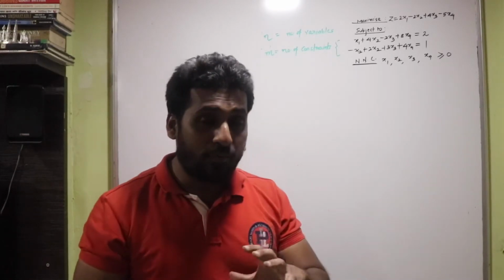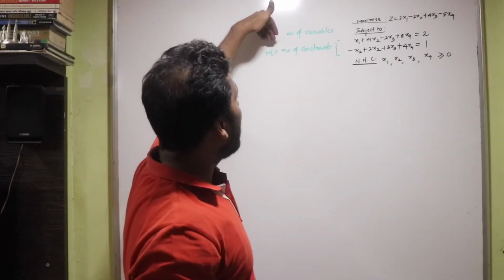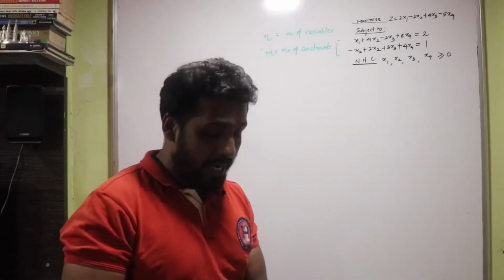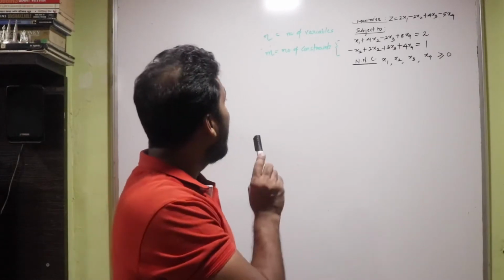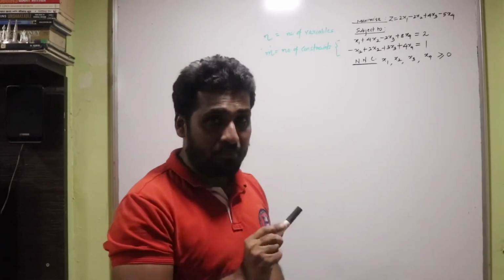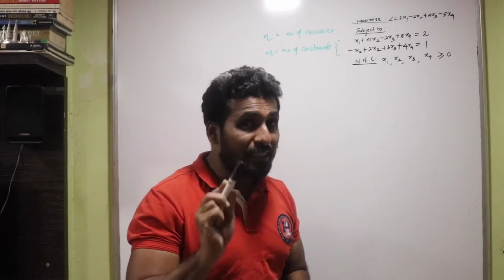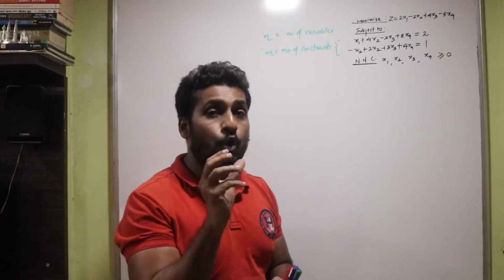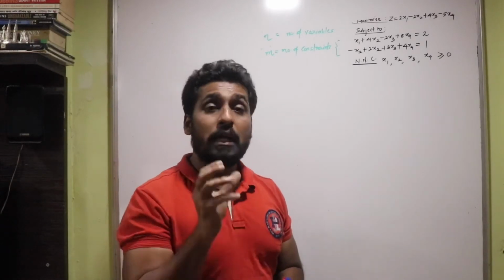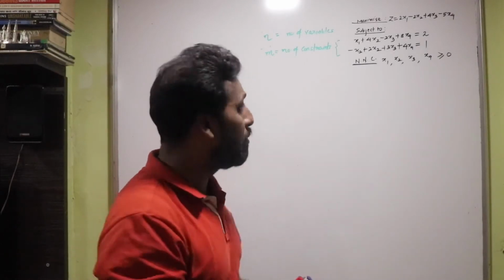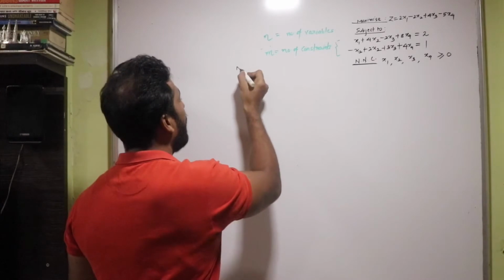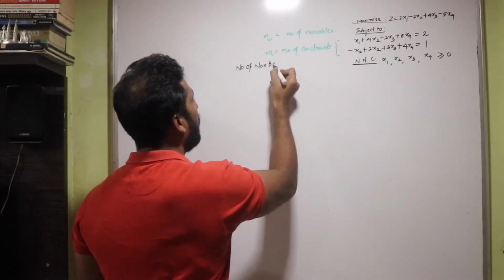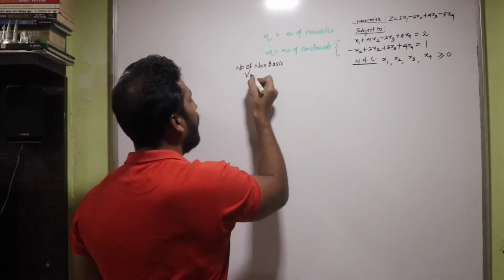To understand that, first of all, what I have done is I have taken number of constraints as M and number of variables as N. Now if I do N minus M, that will give me something called the number of non-basic variables.